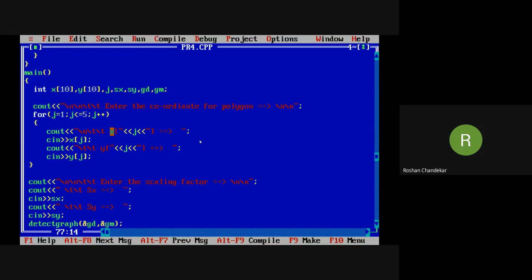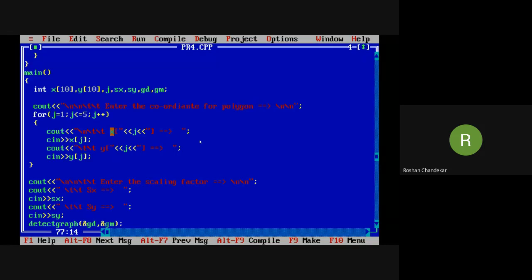Here we take input in the form of arrays, that is x[j] and y[j]. We take 5 different vertices of the polygon and store these values in arrays, that is x1, x2, x3, x4, x5, and y1, y2, y3, y4, y5.